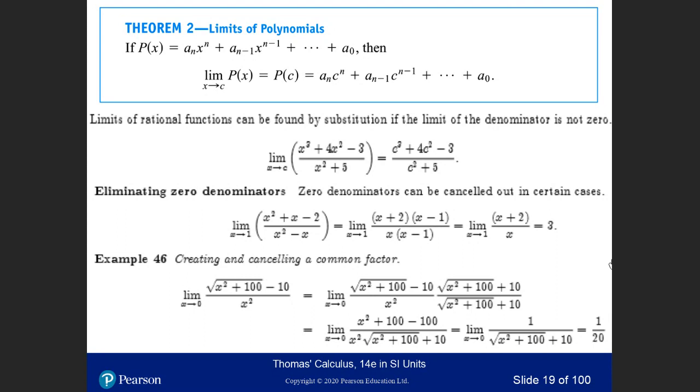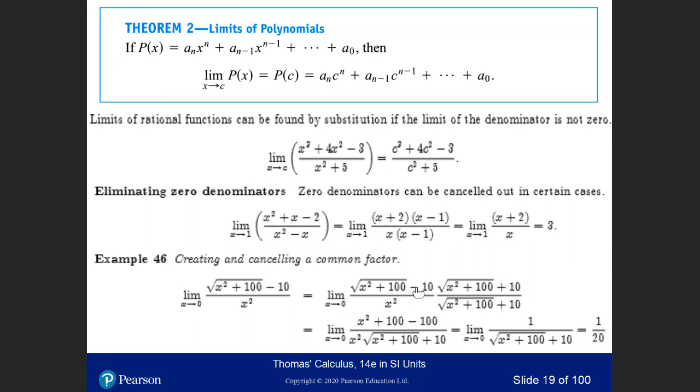When x approaches 0, the 10s cancel out in the numerator, and the denominator is 0, so you have 0 divided by 0, which is not a real number. So what you can do is multiply both the numerator and denominator by the conjugate of this expression.